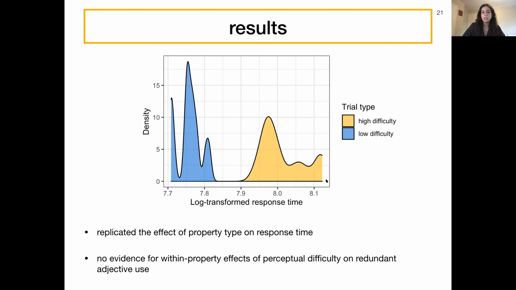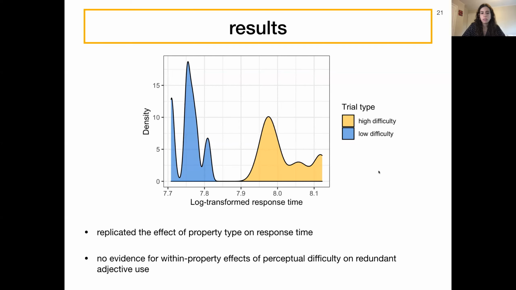And what we have here is a density plot of the log transformed response times to redundant properties of the target items of the production experiment. And to address the strong perceptual difficulty hypothesis, that perceptual difficulty modulates redundancy above and beyond property type, we ran mixed effects regression models again, and we replicated the effect of property type on response time, but we didn't find an effect of perceptual difficulty on redundant adjective use.